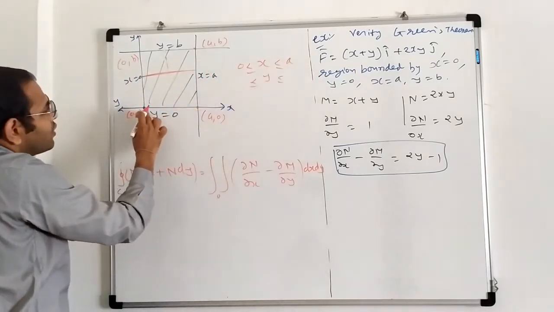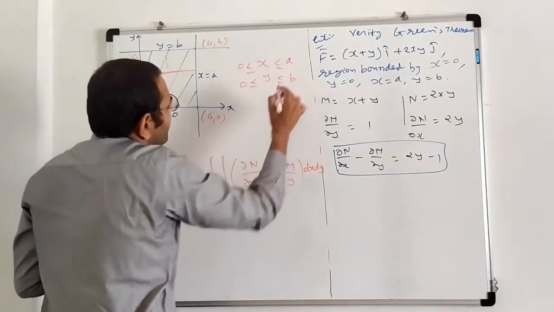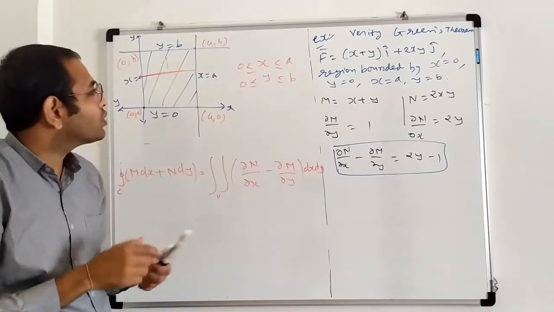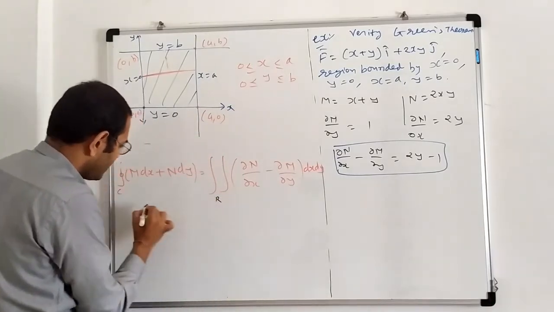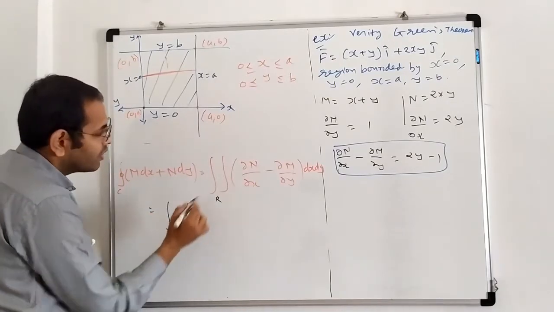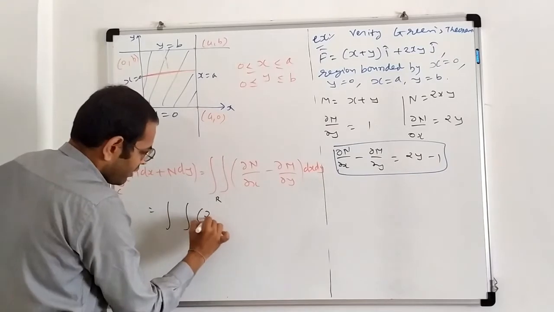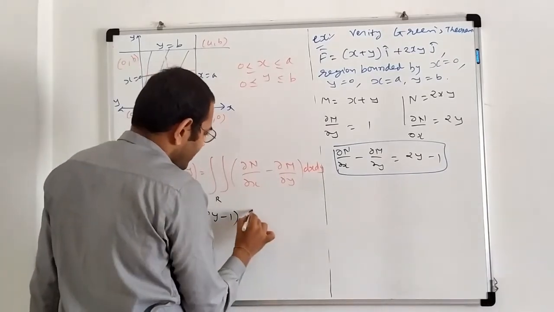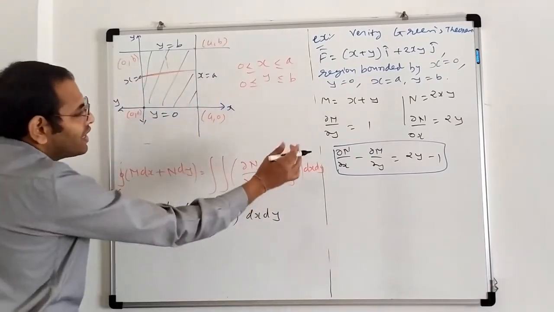At this position the value of y is 0, and at this position the value of y is b. Means x varies from 0 to a and y varies from 0 to b. Then substitute these limits in 2y minus 1. Here both are constant limits, so we can take dx dy as well as dy dx.